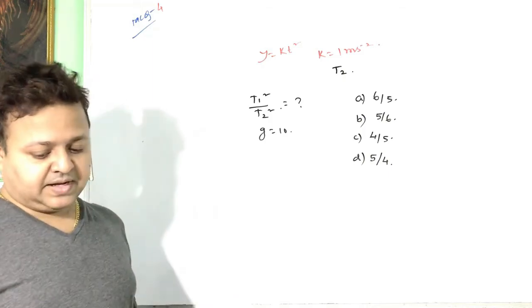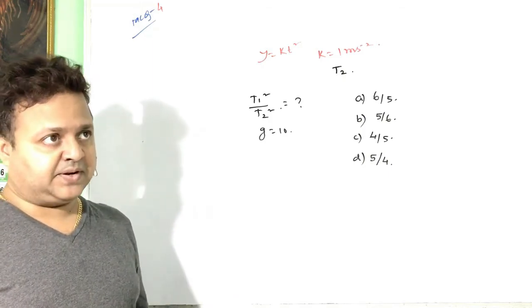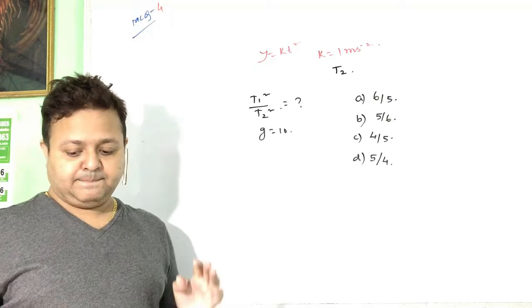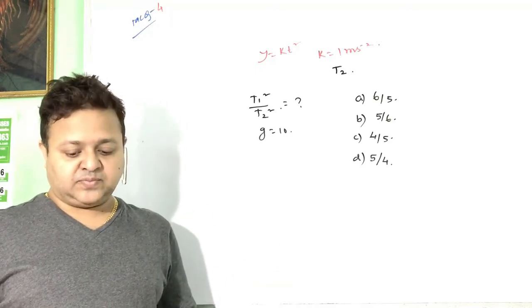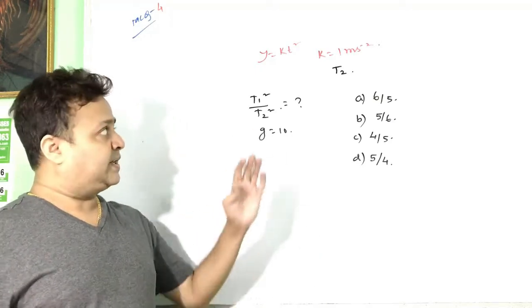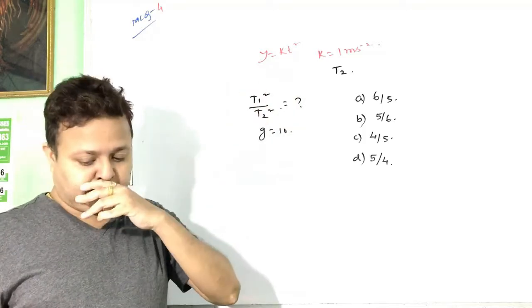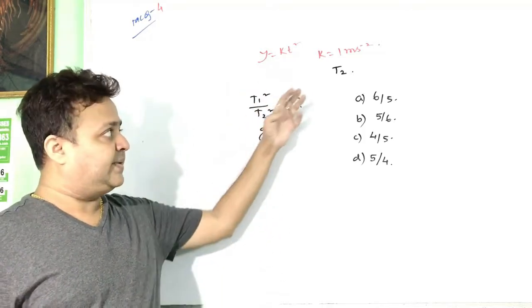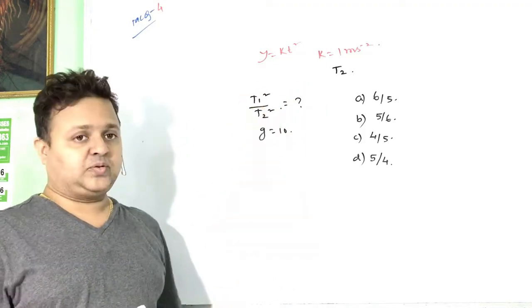Repeat হচ্ছে, a simple pendulum has a time period capital T1. The point of suspension is now moved upward according to the relation y equal to kt square, and then the time period is capital T2, then T1 square by T2 square.